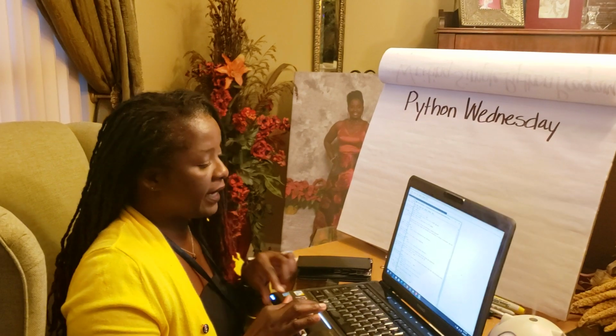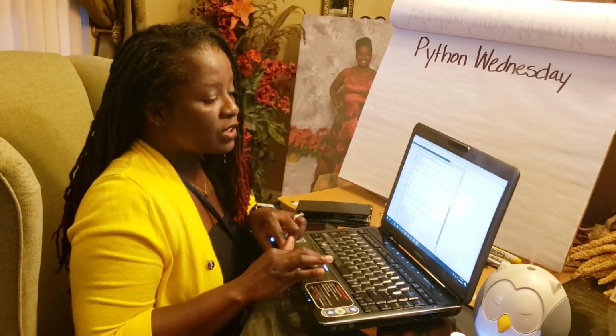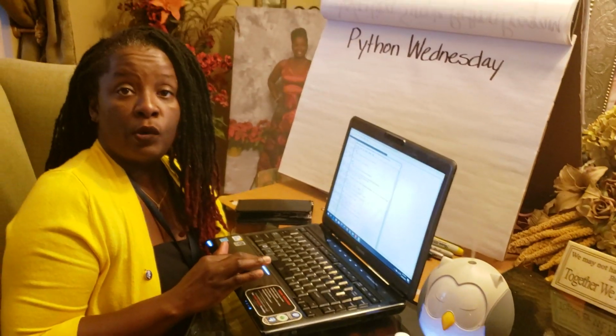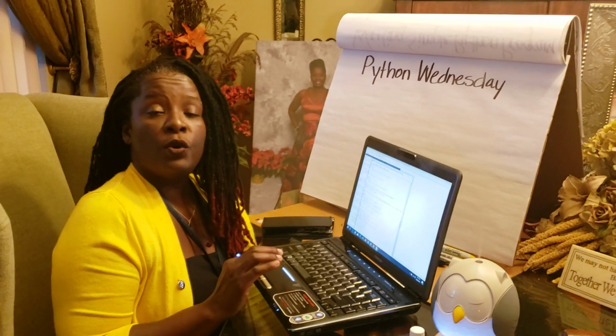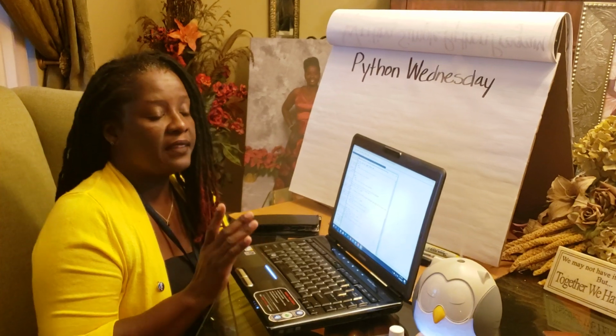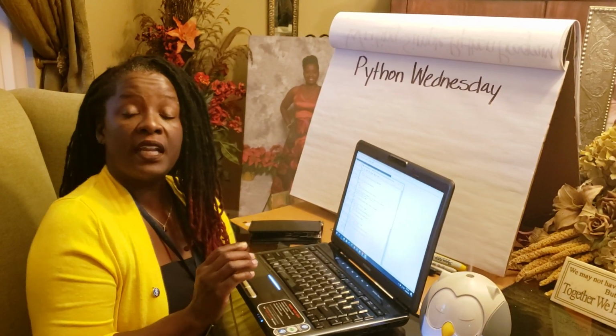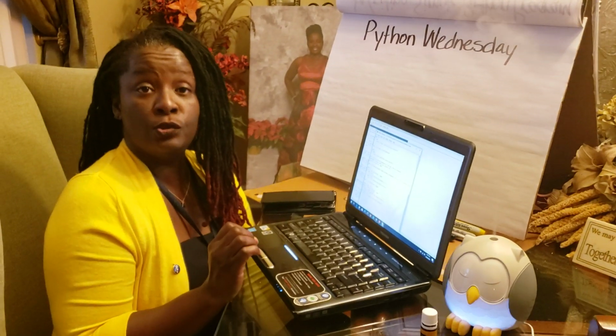I wanted to incorporate the range with a vote. I wanted you to be able to input what your age was, and then I was going to look at the range and compare it in an if statement, and you were going to determine whether or not you can vote.